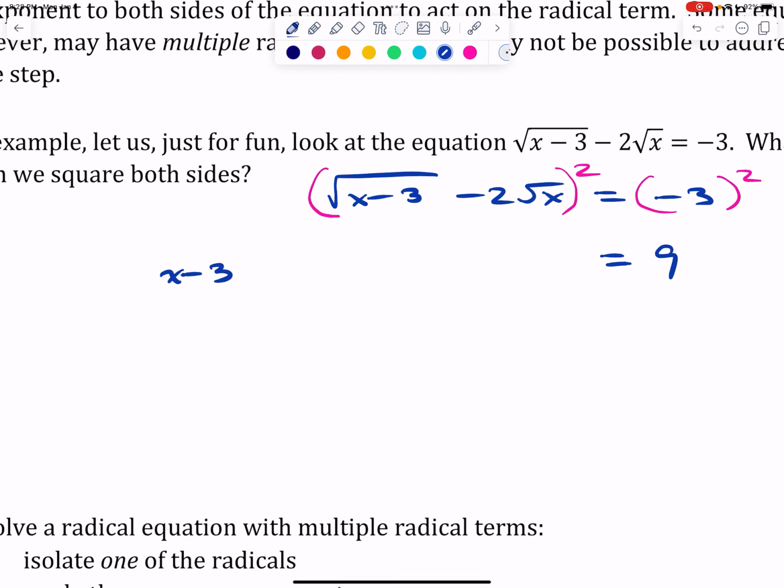You're going to have the square of the second term, and that'll be 4 times x. And in the middle, you're going to have 2 times their product. So we're going to have 2 times the product of negative 2 root x and root of x minus 3. That's what we get when we square that whole thing.